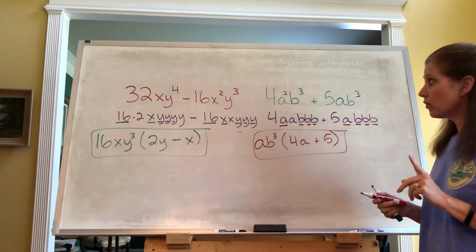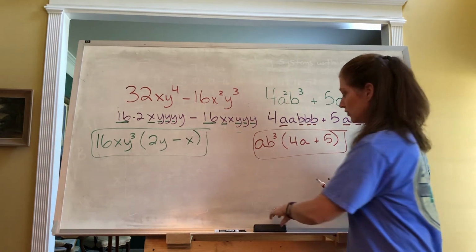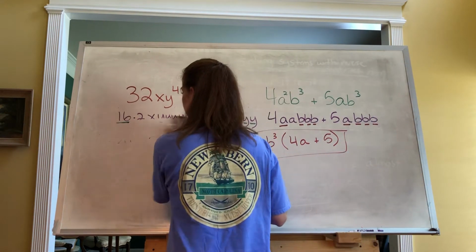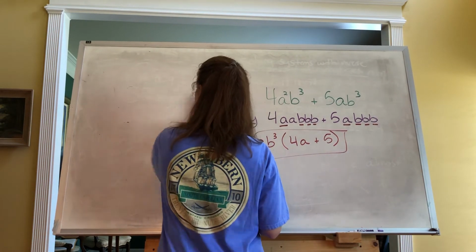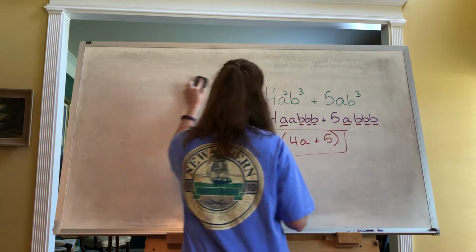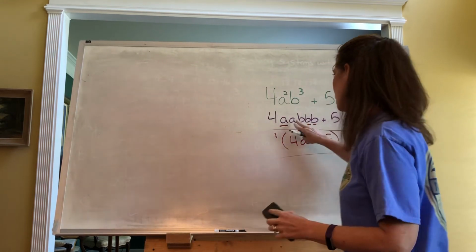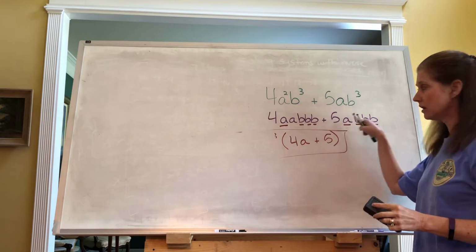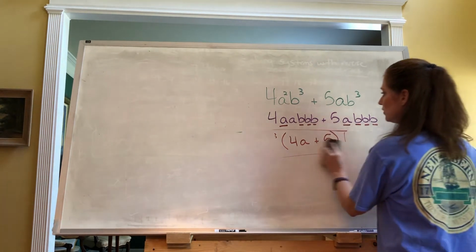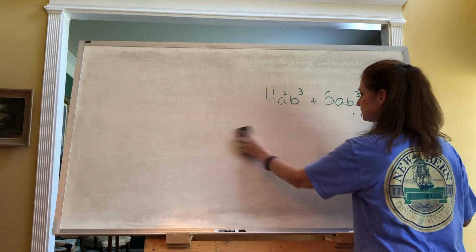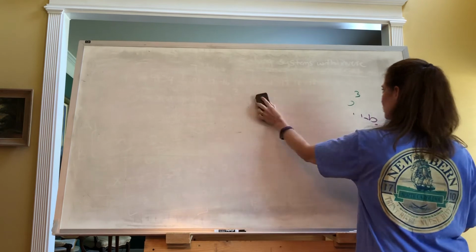Alright, we do one more, and this time we're going to do a trinomial. So we have 3 terms. And as you get better at this, you won't have to break it down into the individual pieces, but for now, I'll just go ahead and do it that way.